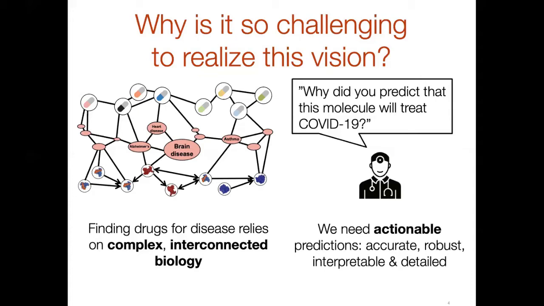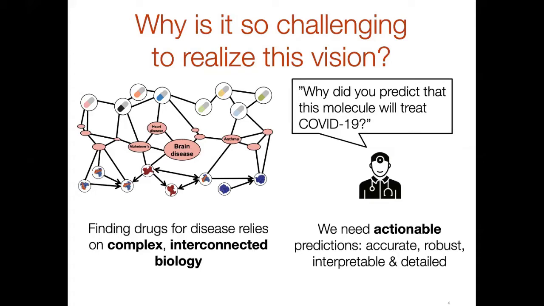And the second major question that prevents us from realizing this vision of how machine learning can assist and expedite drug development is that what we need are not only predictions that are accurate, but predictions that I will call, in this talk, actionable. When I say actionable predictions, I mean predictions that of course need to be accurate, but that's not enough.